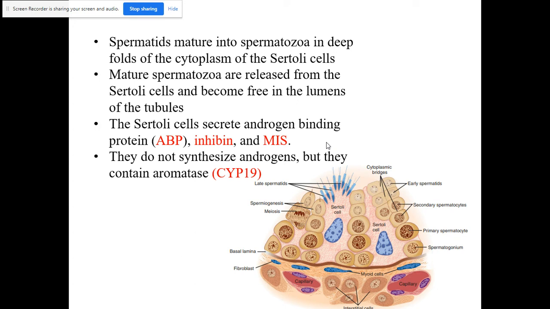They do not synthesize androgen, but they contain aromatase, CYP19. This CYP19, or aromatase, is the enzyme responsible for the conversion of androgens to estrogen. Again, I repeat, they can produce estrogen.